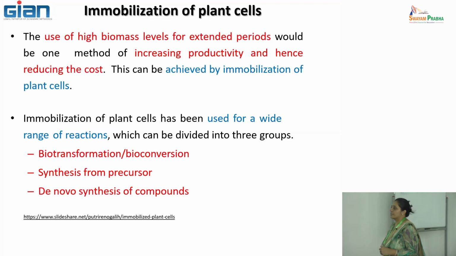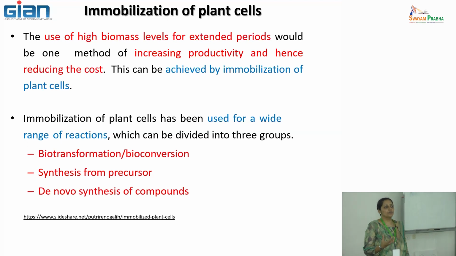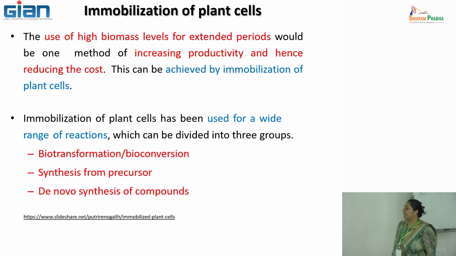Synthesis from the precursor. You can also add the precursor because you are using the whole cell as the enzyme repository. So there is a good chance that the precursor can be converted to product. De novo synthesis of compounds, of course, what we have been talking about in plant cell based bioprocesses.